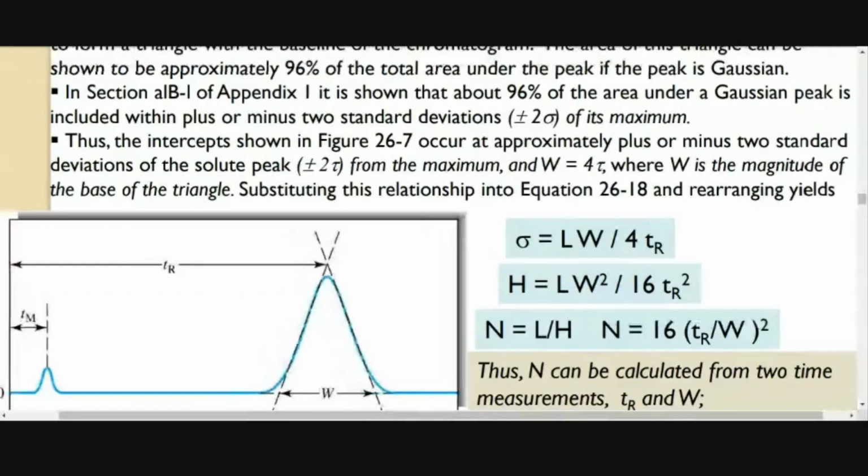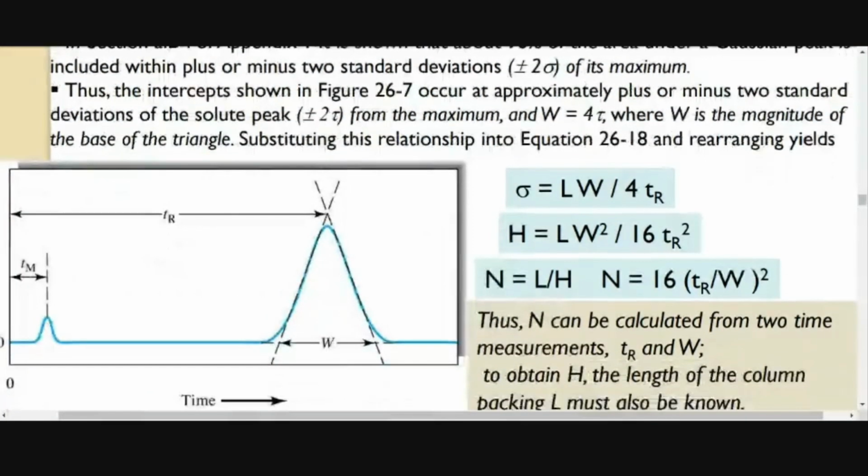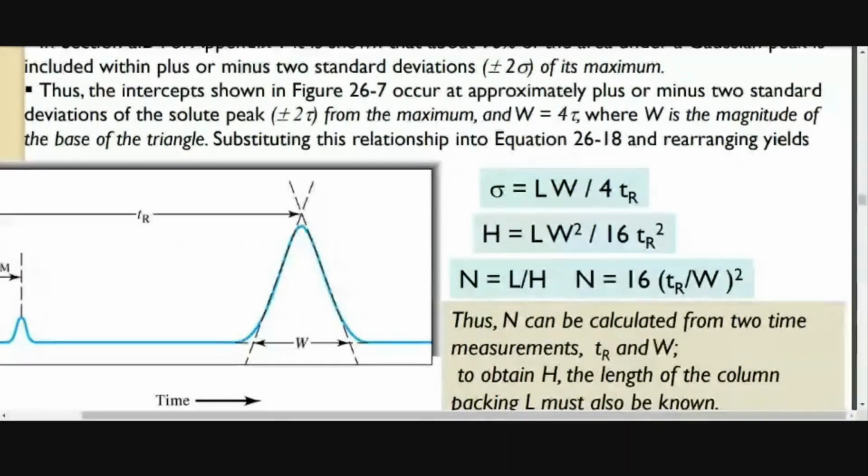Thus, the intercepts, as shown in the figure below, occur at approximately plus or minus 2 standard deviations of the solute peak, plus minus 2 tau.